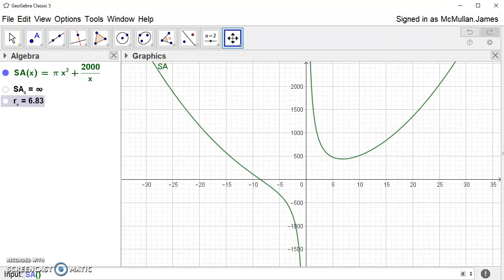If we check the surface area of 6.83, here we arrive at a surface area of 439.38, right? And what this is suggesting to you is that the best possible can you can create, the one that will have the smallest surface area, is a can that has a radius of 6.83.